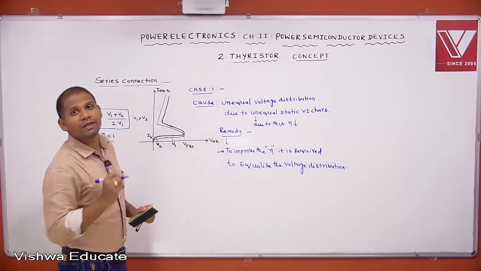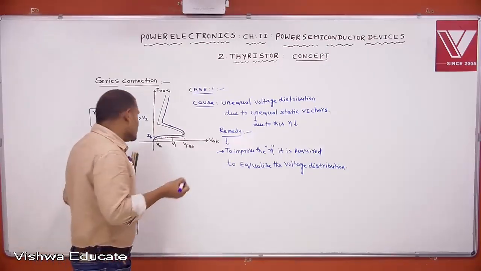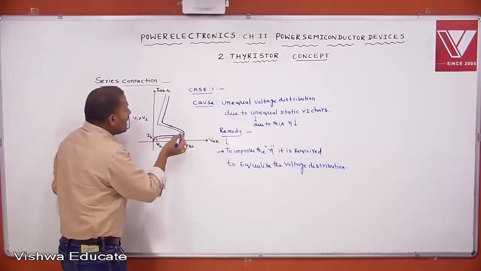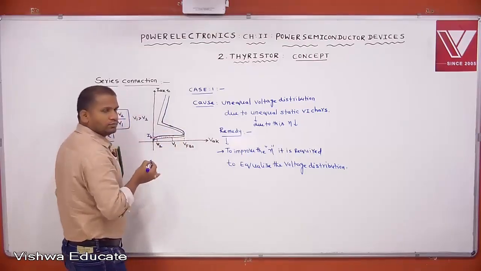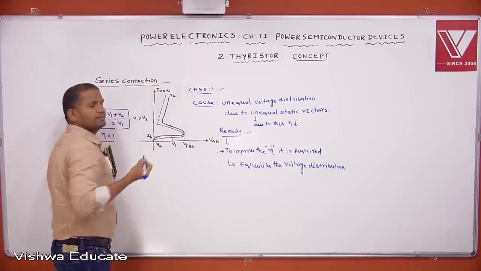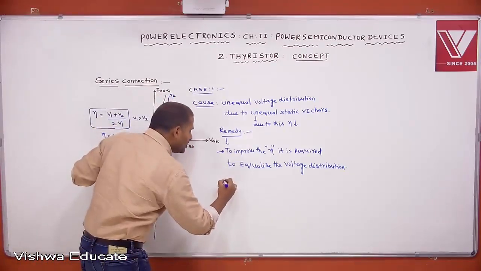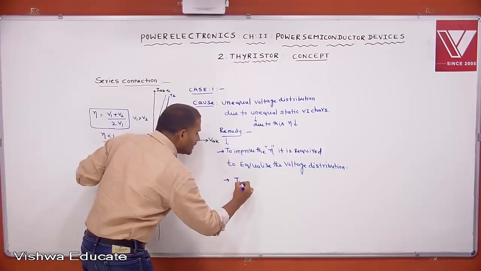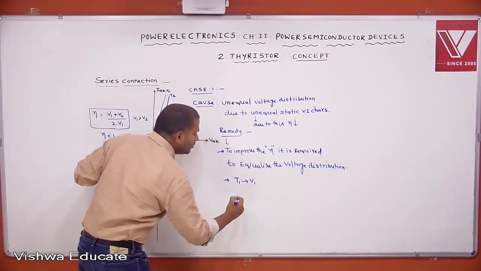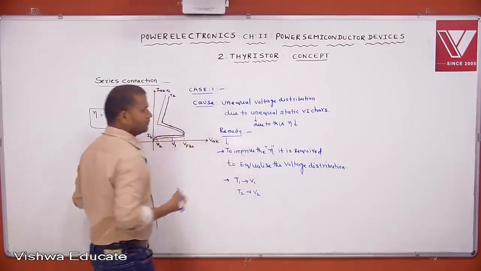Then how to equalize the voltage distribution? Listen please. If the SCR is under forward blocking mode, this is SCR T1, this is SCR T2. Let T1 be blocking the voltage V1 and T2 blocking the voltage V2.